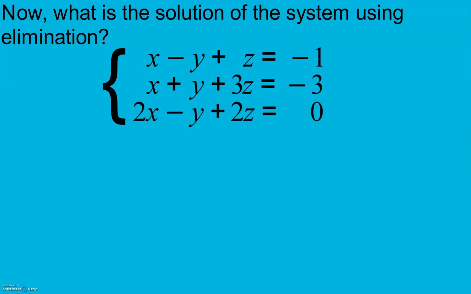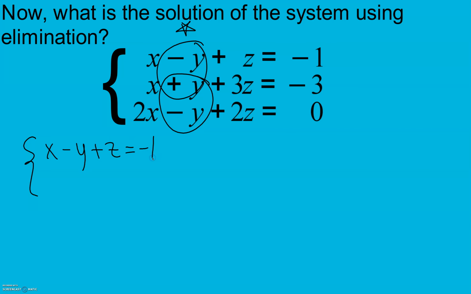I'm going to go ahead and eliminate my y's right away. I have opposites in this pair and in this pair. So I'm going to use my first two equations together. x minus y plus z equals -1. And x plus y plus 3z equals -3.